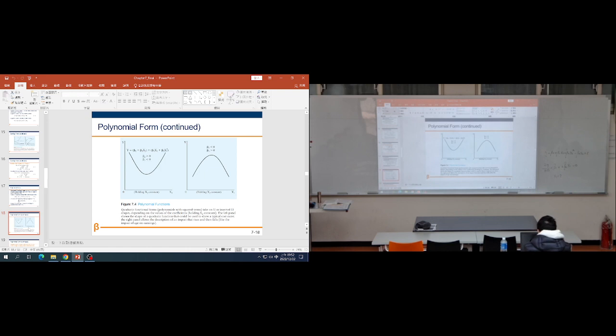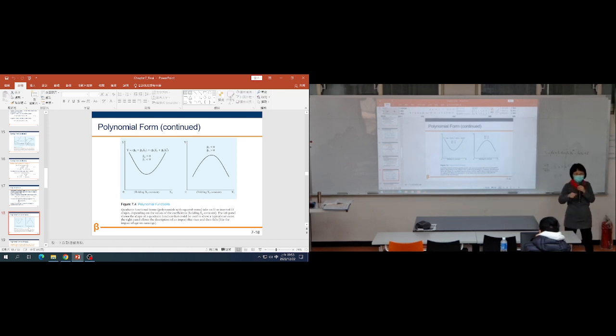Sometimes we say that, if the company can manufacture some quantity X, the average cost, when you start to manufacture some products, the more you manufacture, the average cost is going down, right? Because we have the fixed cost and also the variable cost.